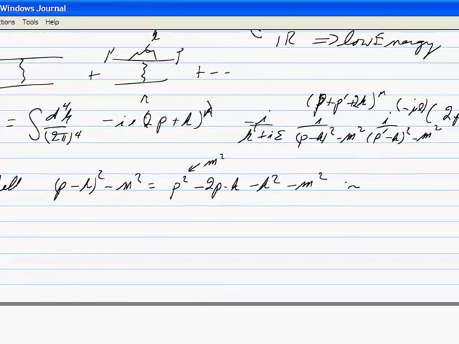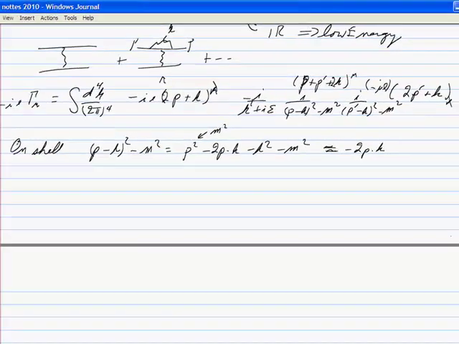So at low k's, this goes like, well, minus 2p dot k is the leading one, and then the k squared is small compared to that. So, at very low energies, I can drop k squared compared to p dot k. Fair enough?